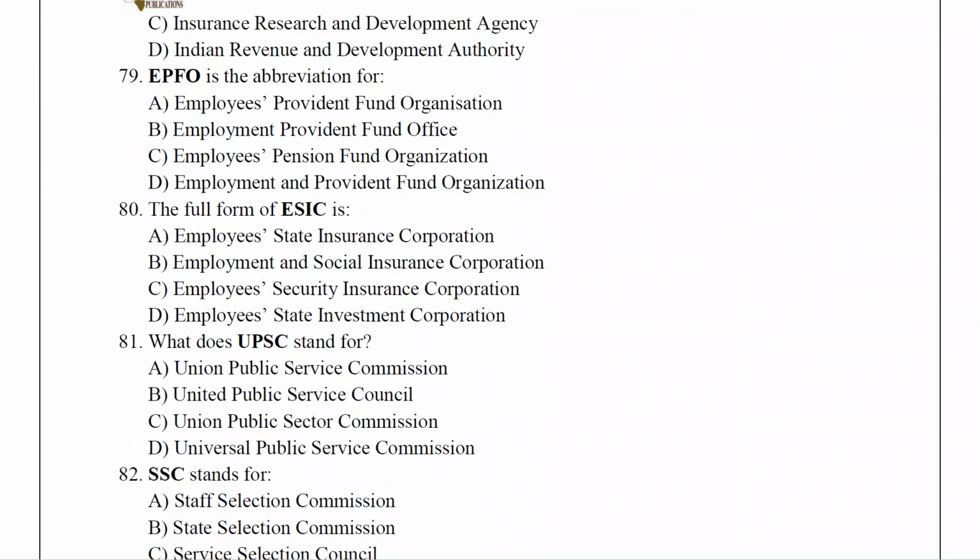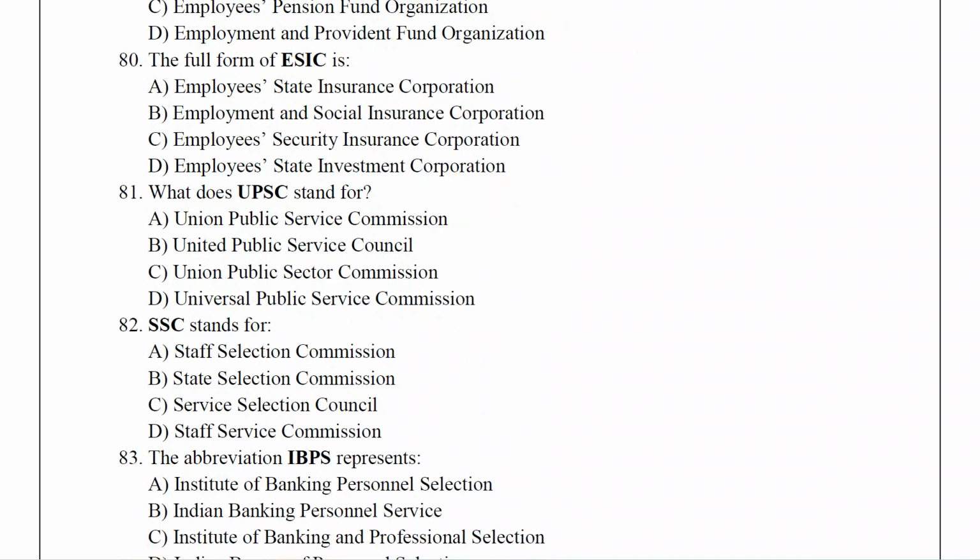EPFO is the abbreviation for Employees Provident Fund Organization. Next, the full form of ESIC is Employees State Insurance Corporation.